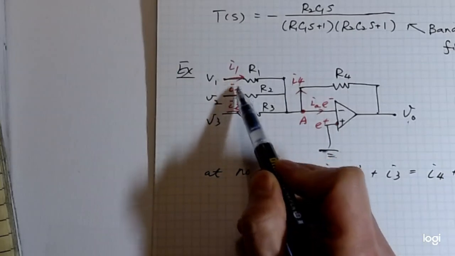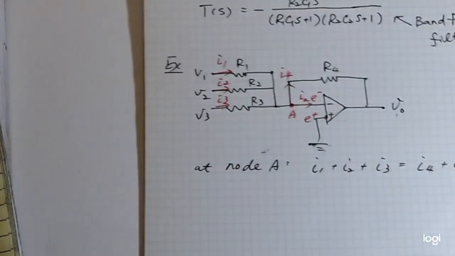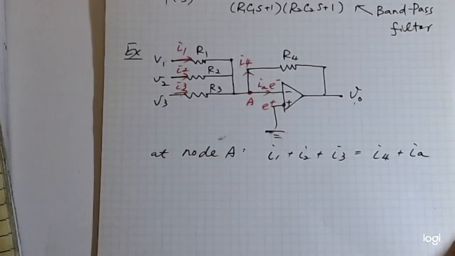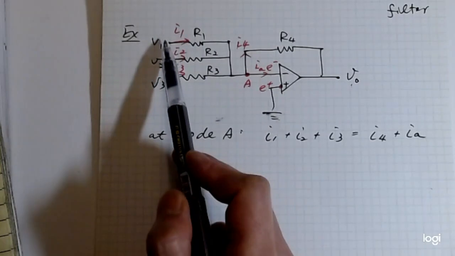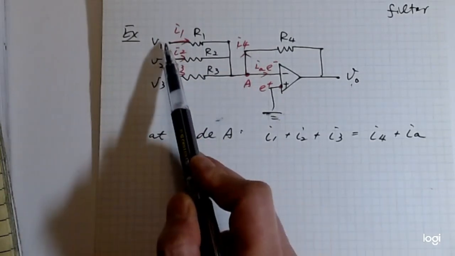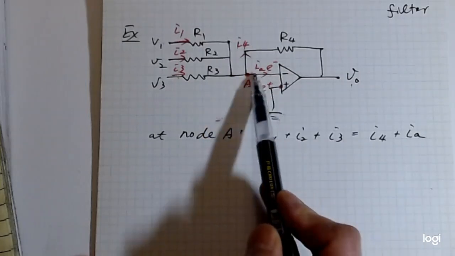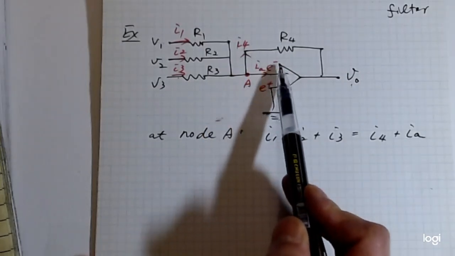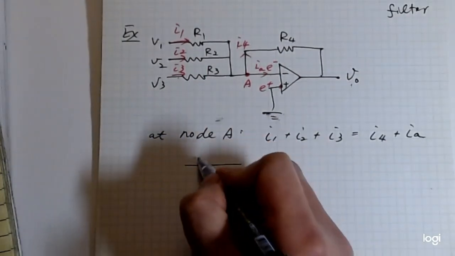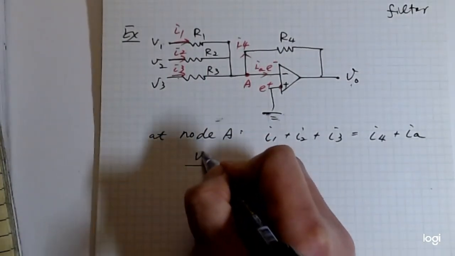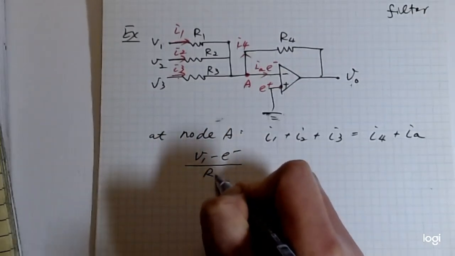Coming in are 1, 2, 3; coming out are I4 and IA. Okay, so what's I1? I1 will be the voltage difference between V1 and point A, which is E negative, so it should be V1 minus E negative over R1.